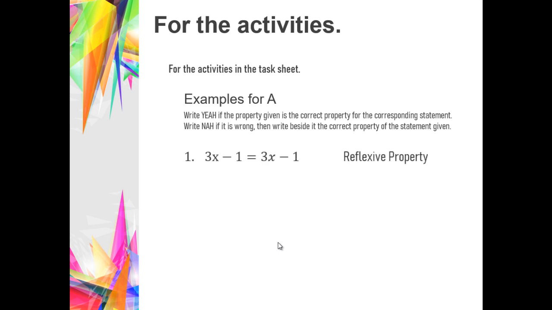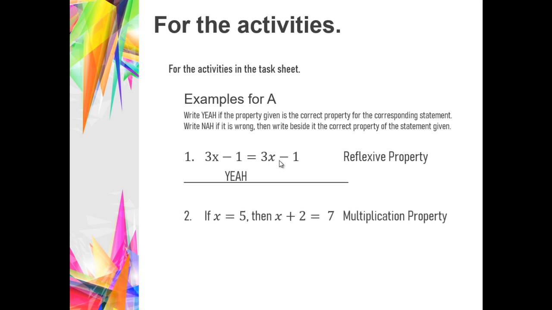So, number 1: 3x minus 1 equals 3x minus 1, reflexive property. Is it correct or not? As you can see, they are exactly the same. So reflexive property is correct. Just write yes.